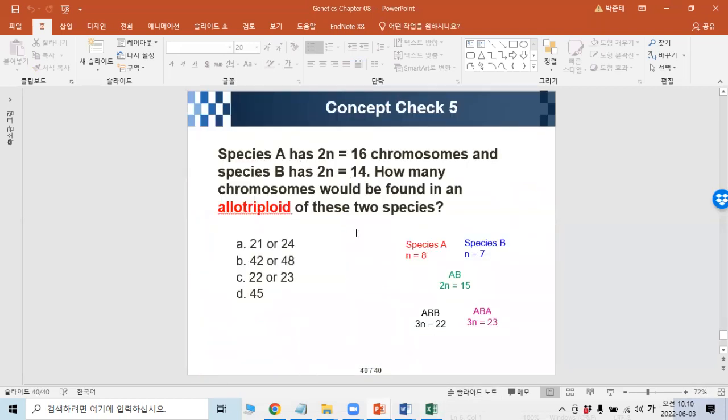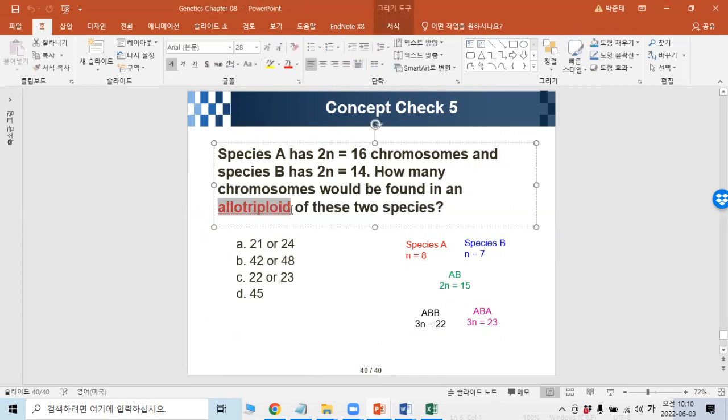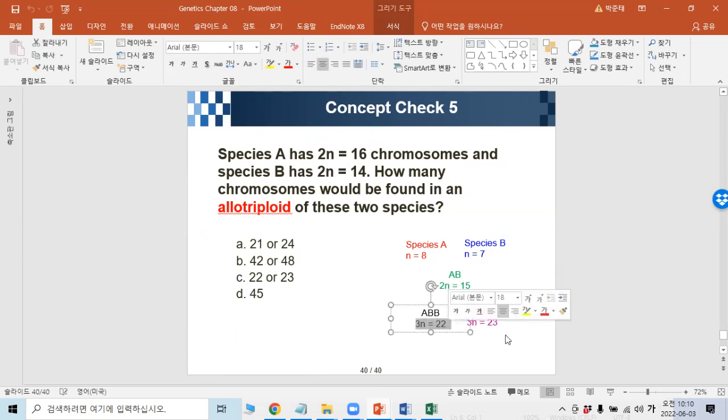This is an allotriploid. It means that usually for species A and species B, their n is 8 and n is 7. Usually A and B will make 2n equals 15. But for an allotriploid, one case will be ABB, the other case will be ABA. So in this case there will be 22, and in this case 23.